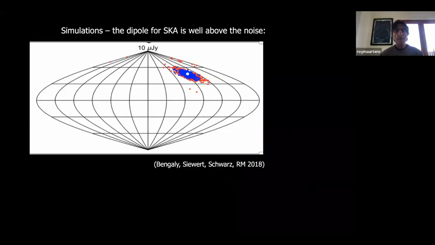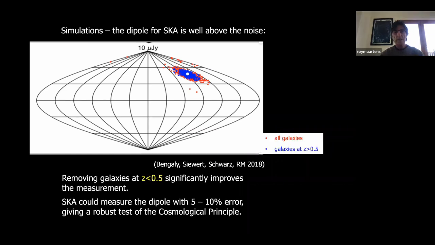So simulations can be done to show the expected performance of the SKA, and the level of the noise is much lower than the NVSS, and the determination of the dipole is clearly going to be done with much greater confidence.